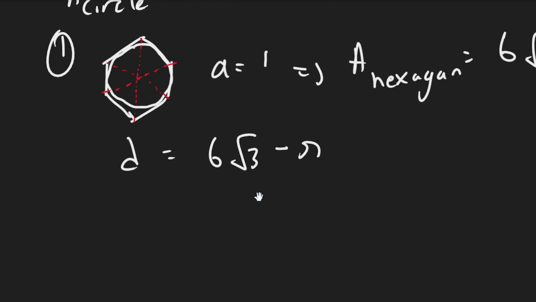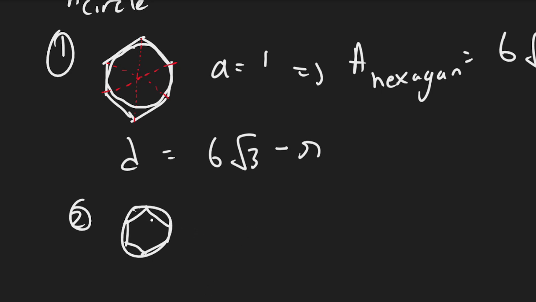Now, how about the second one, where the hexagon is inscribed instead? It's inside the circle instead. So what do we have?